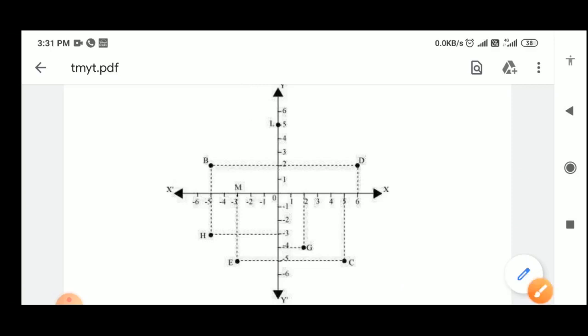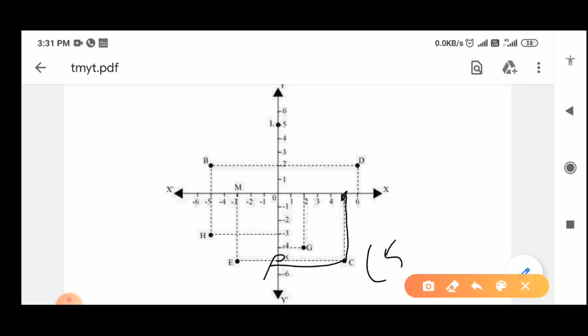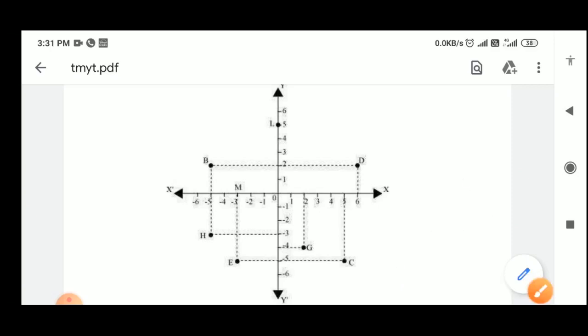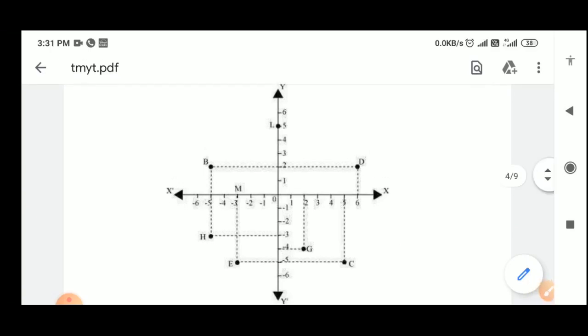Now next one, point C. First you will see the x coordinate. The x coordinate is 5, and the y coordinate is -5. So 5 and -5 are the coordinates of point C. Now point D: x coordinate 6 and y coordinate +2.